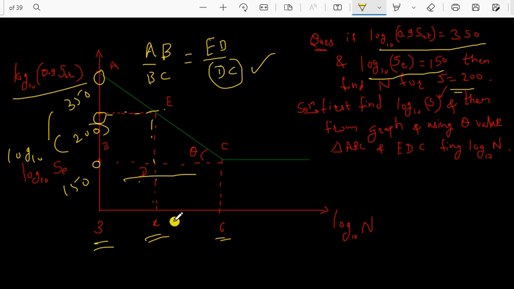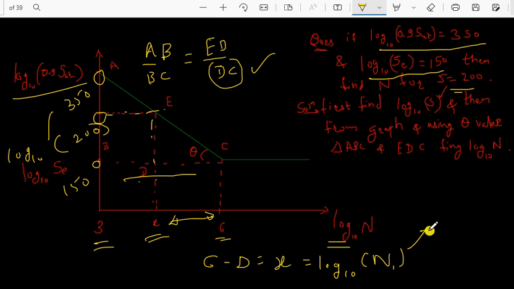Once you get the value of DC, this length, what you have to do? Just subtract it from 6. 6 minus DC, you will get the value of X. That will be nothing but in terms of log base 10 of X, right? Or if you want to find the N value here, this will be in terms of log base 10 of the required life, let us say N1.